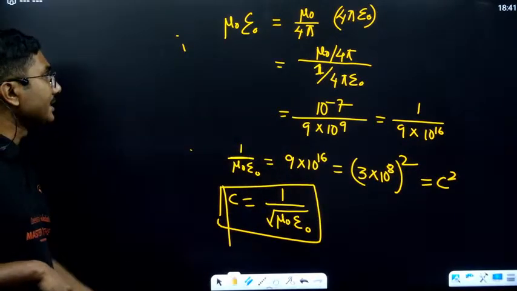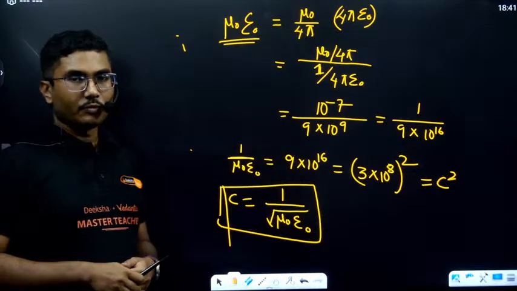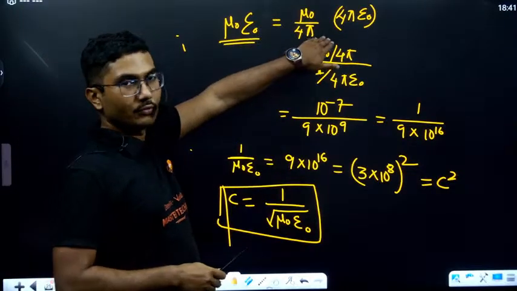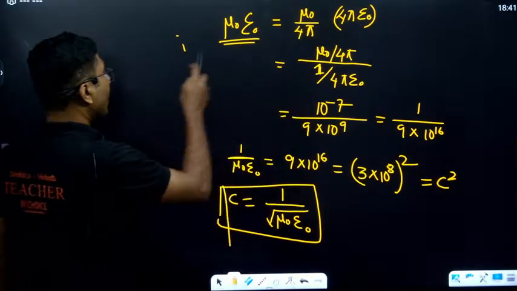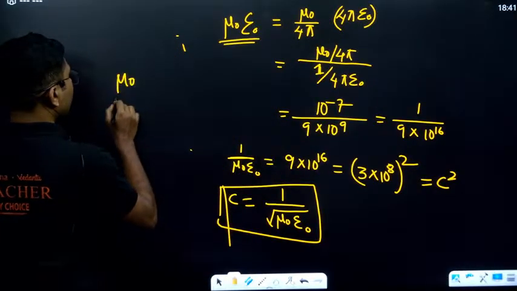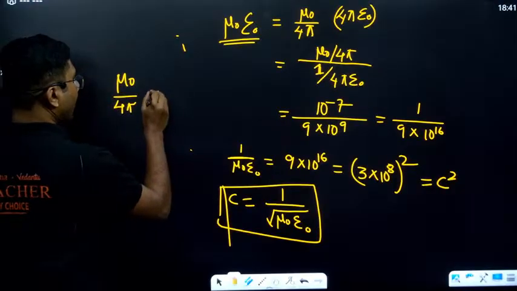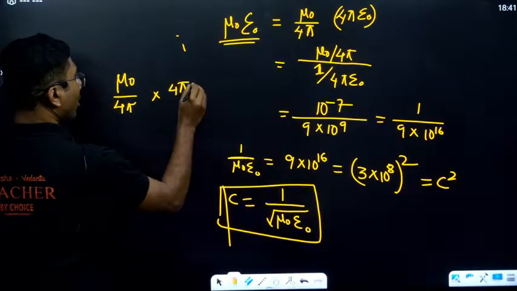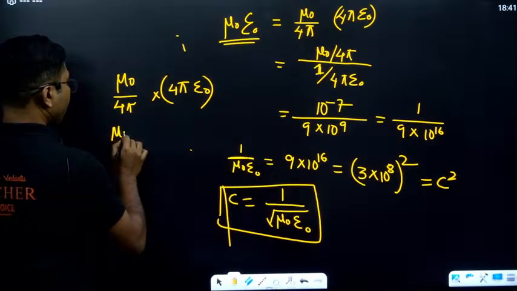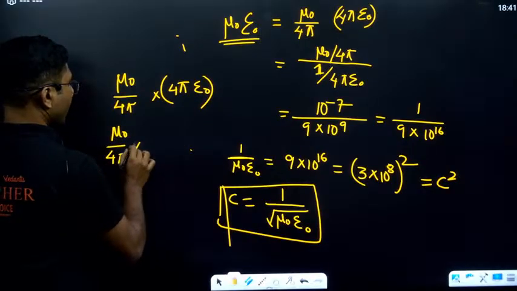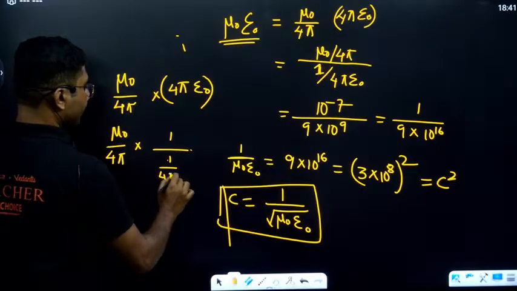So this is basically starting with multiplying mu naught and epsilon naught. Mu naught is mu naught by 4 pi, so you are dividing with one extra 4 pi. So you need to add that in the top as well, right? Now what you are doing is mu naught by 4 pi into 1 by 1 by 4 pi epsilon naught.